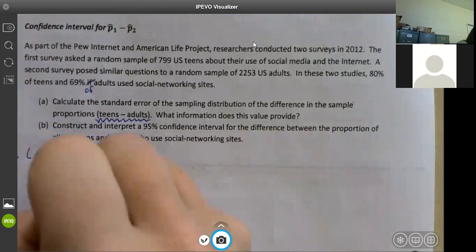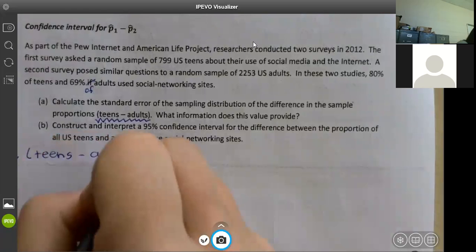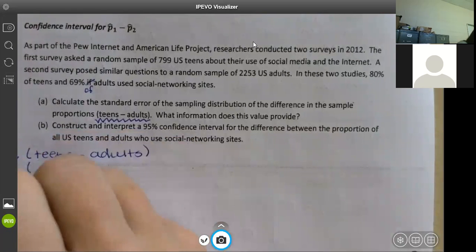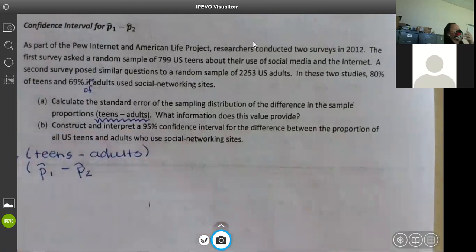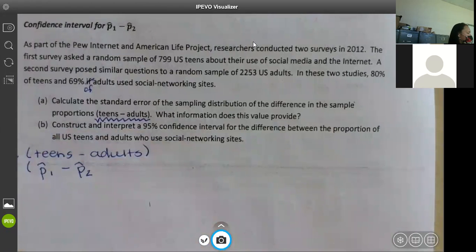So I'm going to write this down. Our adults are going to be our second. Our teens are going to be our first. Adults are going to be our second. All right.